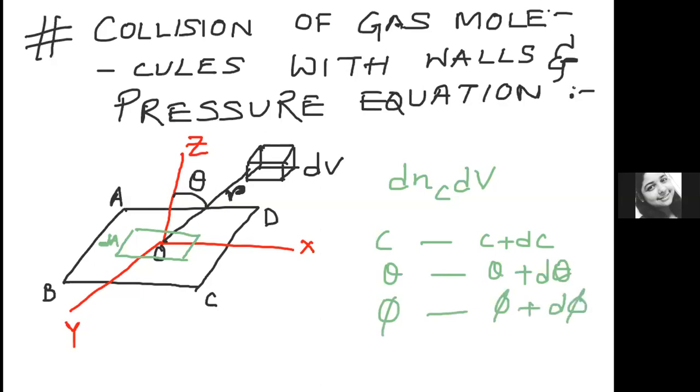Hence, the number of molecules that would move towards the area dA will be determined by the solid angle subtended by dA at the center of dV.